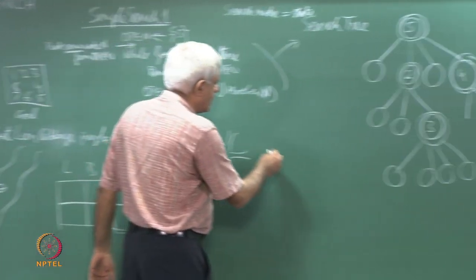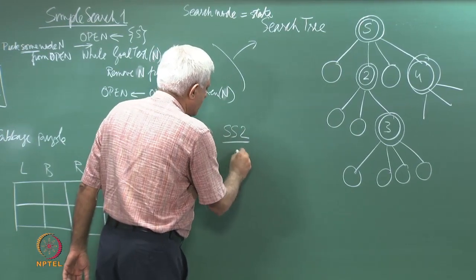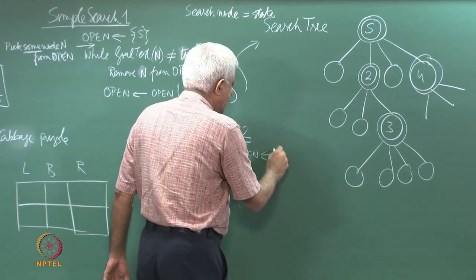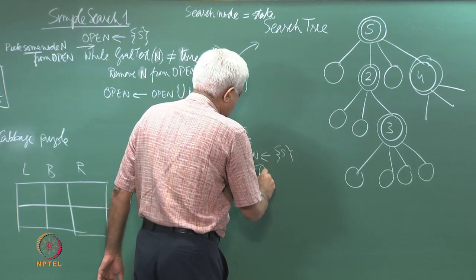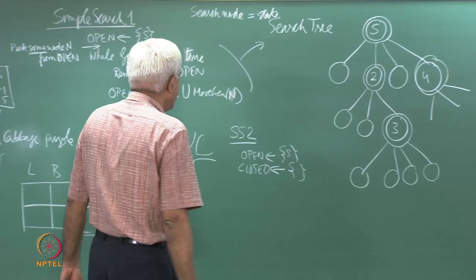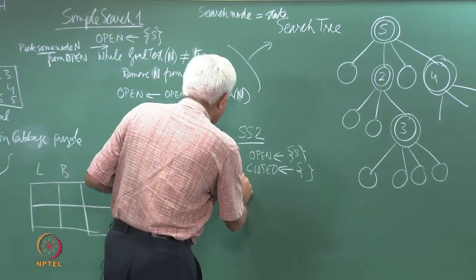So, the algorithm is modified as this. So, this is simple search 2. Open as before gets the start state, closed is a new set which starts with the empty set, and pick some node from open.